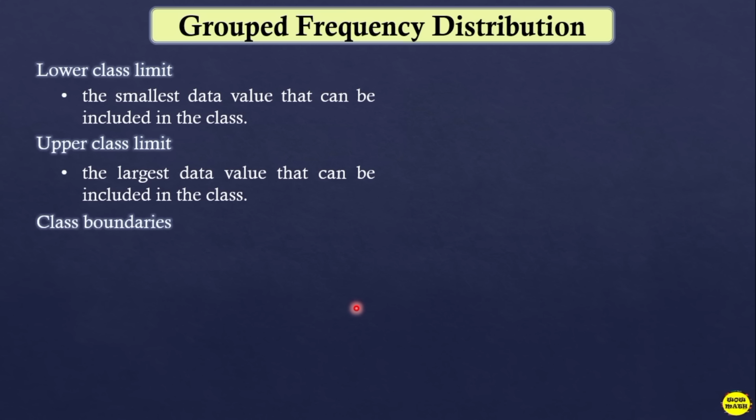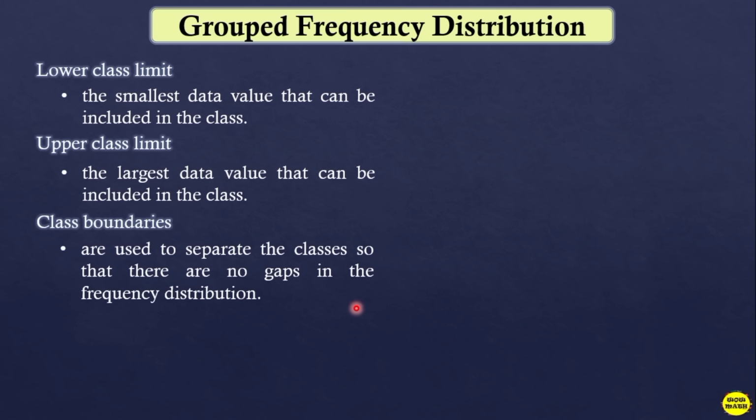And then we also have the class boundaries. Pag sinabi natin class boundaries, these are used to separate the classes so that there are no gaps in the frequency distribution. So ito yung ginagamit natin, kaya siya tinawag na boundary. Okay? Para hindi natin maipapakita na hiwalay yung dalawang interval natin. Meron silang in between na kung saan common sa kanilang dalawa yon para wala tayong gaps.